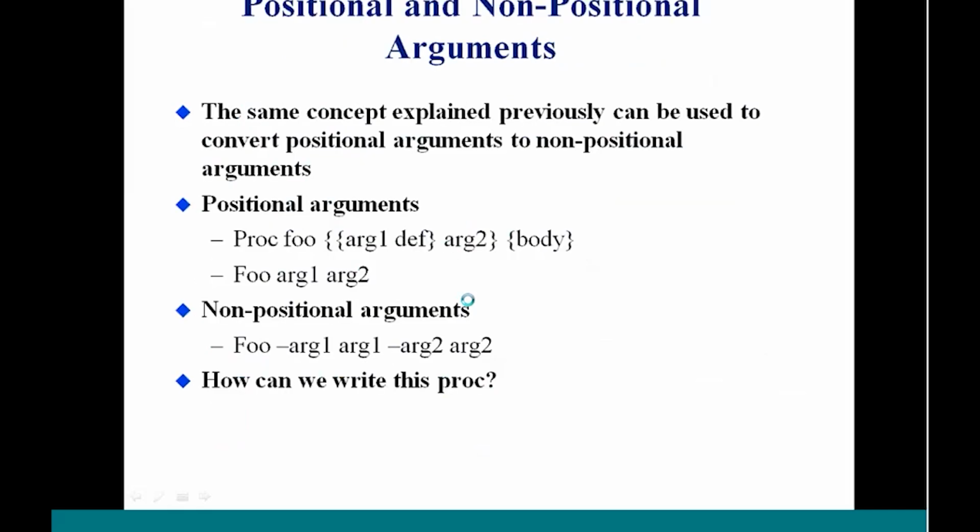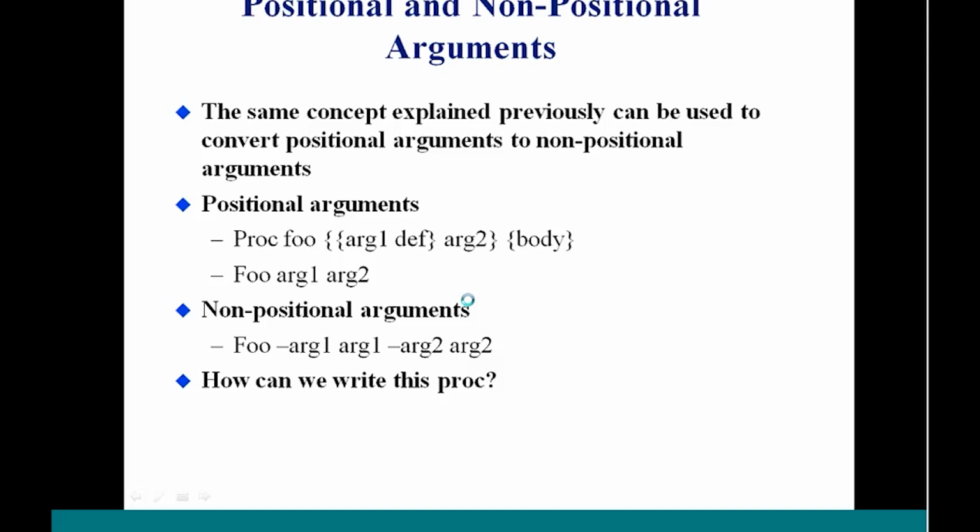And then we saw this variable length procedure, and we also noted how we can use this for defining the positional arguments as well as non-positional arguments. So how do we do this?